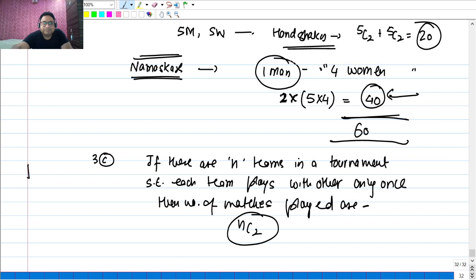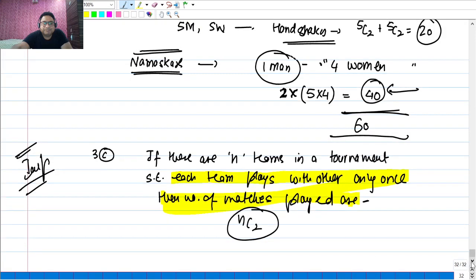Important again, important. How many matches would be played? If each team plays with the other team only once, then the number of matches is NC2, because for one match you require 2 teams.